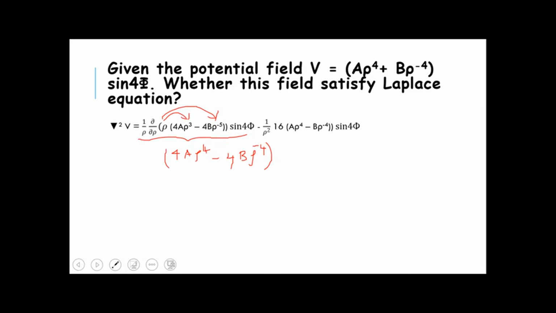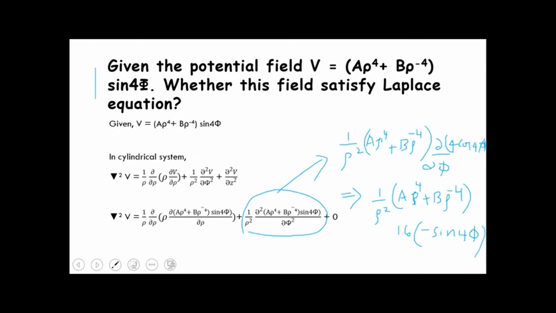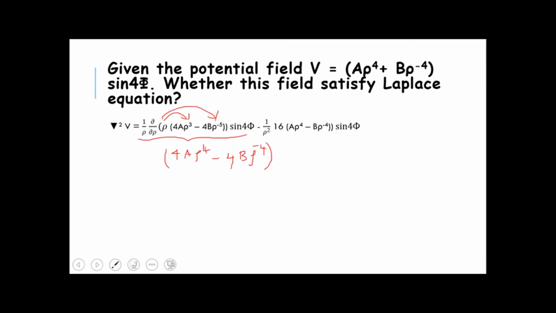I have partially differentiated once already. You might have seen it was rho times A rho power 4 plus B rho power minus 4, sin 4 phi. Once I differentiate this, I end up with 4A rho cube minus 4B rho power minus 5 after one differential.